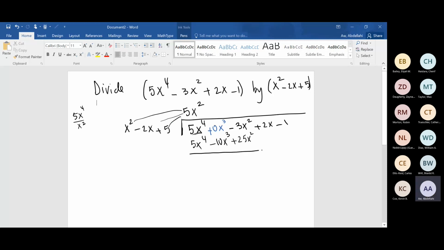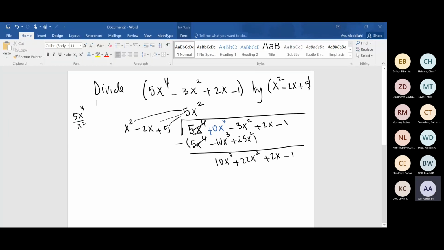And then we're gonna subtract all of this. These two cancel out. These two will become 10x cubed plus 22x squared plus 2x minus 1. And then we keep going.